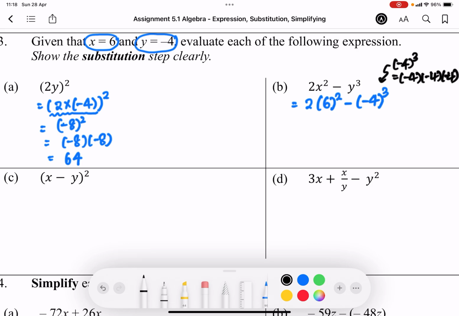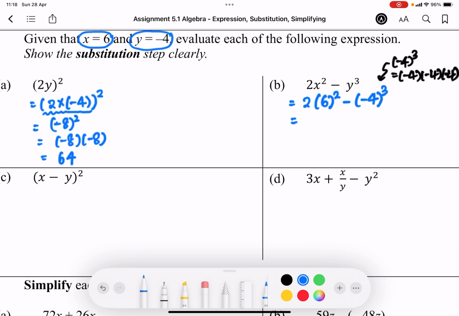And so, let's continue. So we have 2 times, now this is 6 squared, therefore it's 36, and minus what we have as a result of this, which is negative 64. Next, because we have minus this negative 64, this is like having a negative 1 here.